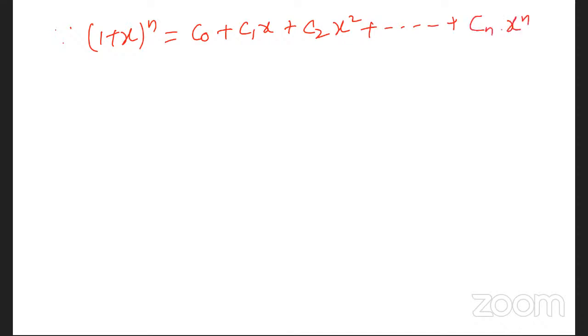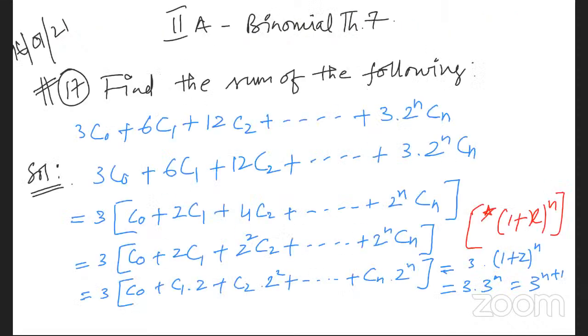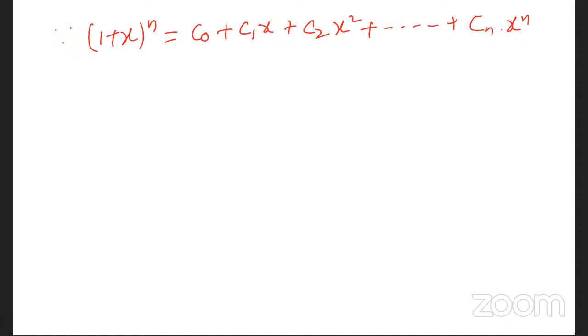We have used this identity and proved the result, where x is equal to 2. 1 plus 2 whole power n is 3 to the power of n, into 3 to the power of 1, which will give you 3 to the power of n plus 1. We shall see one more problem.